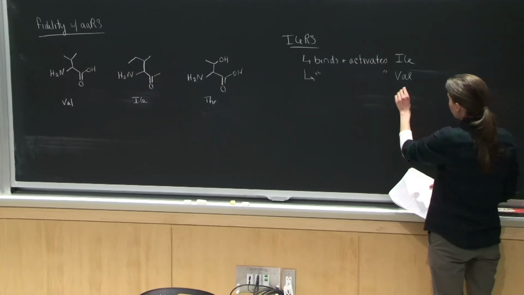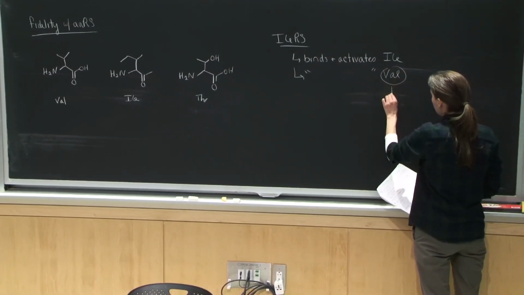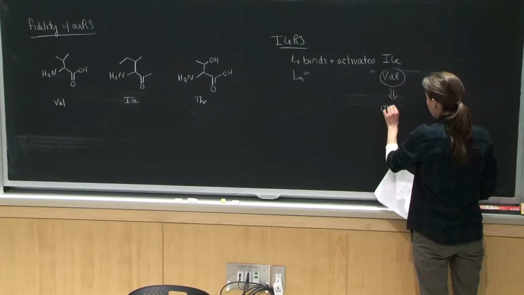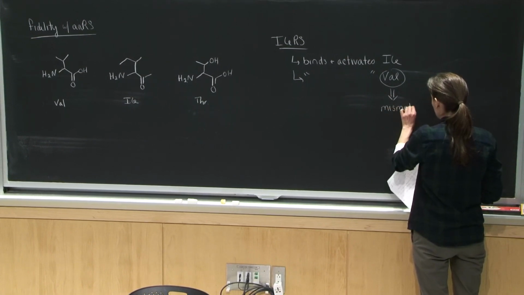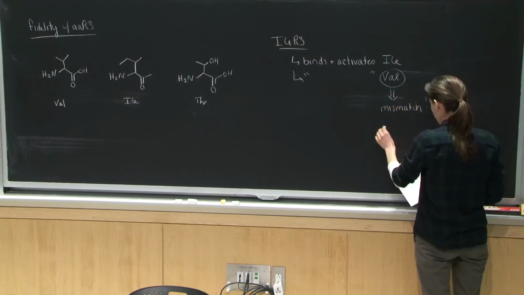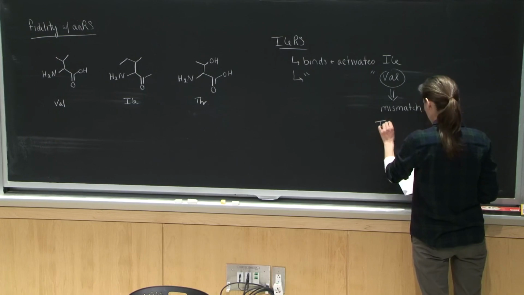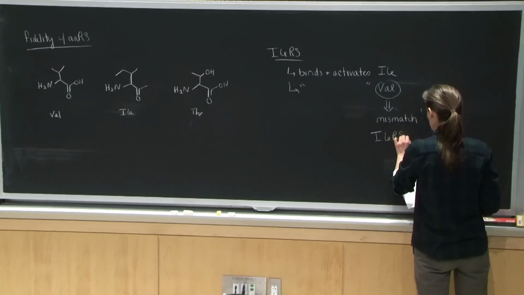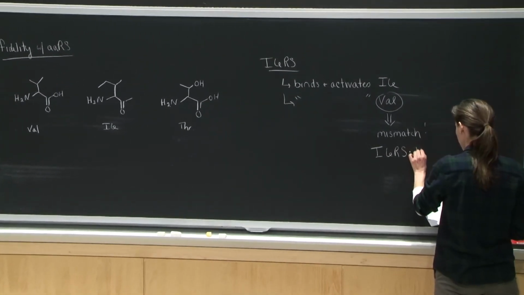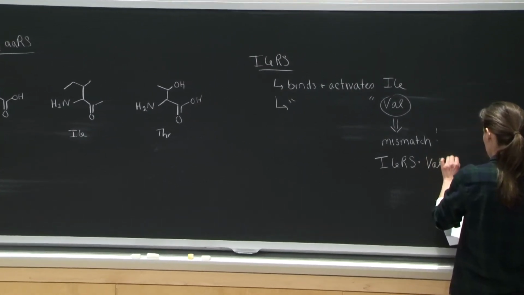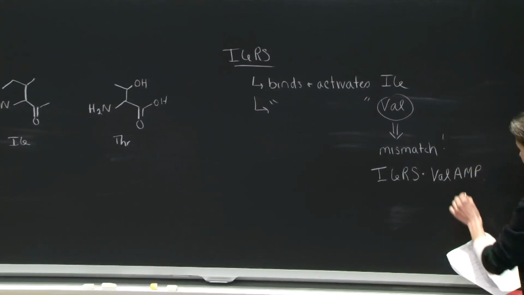And effectively, if this happens, we have a mismatch, because the end result will be isoleucine aaRS with valine-AMP bound here.